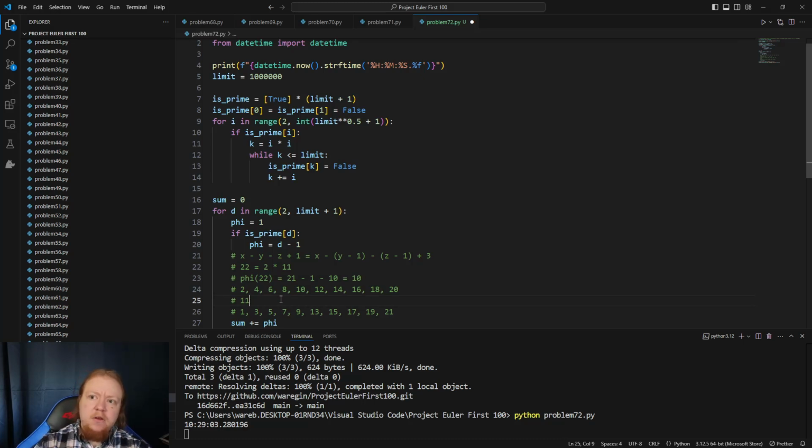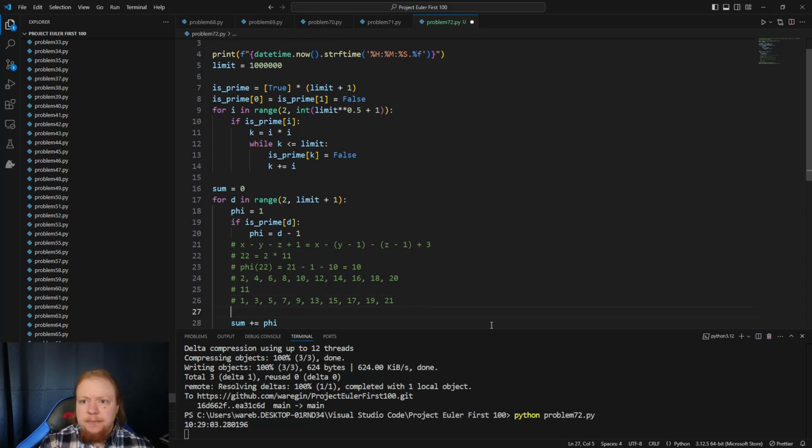So it's subtracting phi. So let's see if this works for 9. If the same thing worked for 9, phi of 9 would be 8 minus 2 minus 2, which would be 4.